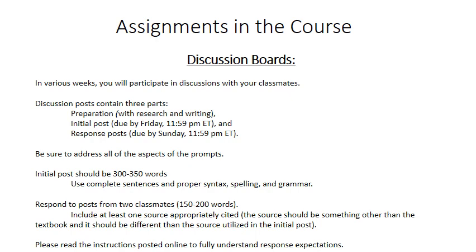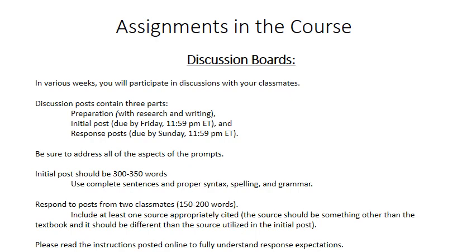You will also respond to posts from 2 classmates. You need to read their posts carefully and thoughtfully and respond in 150 to 200 words. All responses should include at least one source appropriately cited. The source should be something other than the textbook, and it should be different from the source that you used in the initial post.